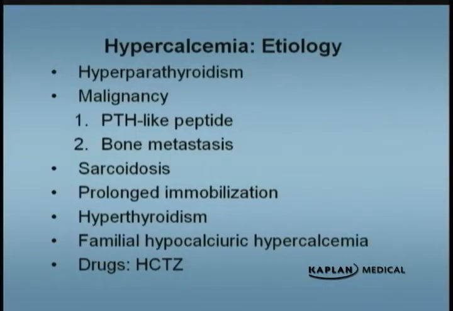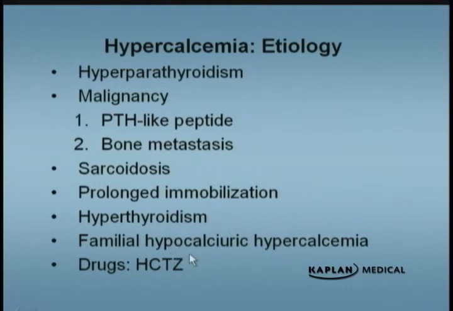These patients have something wrong with their tubules and they don't get rid of enough calcium and they develop hypercalcemia. More so, it is the only cause of hypercalcemia where you have low calcium in the urine, hypocalciuric. It is the only cause.